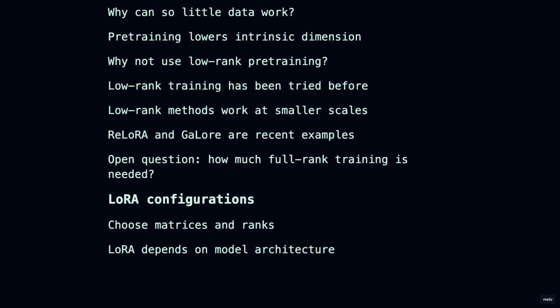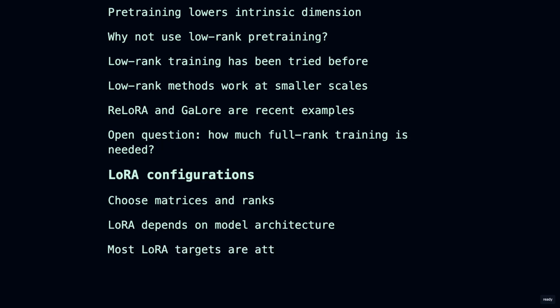Because LoRA is applied to specific weight matrices, the model architecture matters a lot. Different architectures expose different matrices, so the same LoRA setup may not transfer directly. In transformers, LoRA is most often applied to the attention projections: query, key, value, and output.